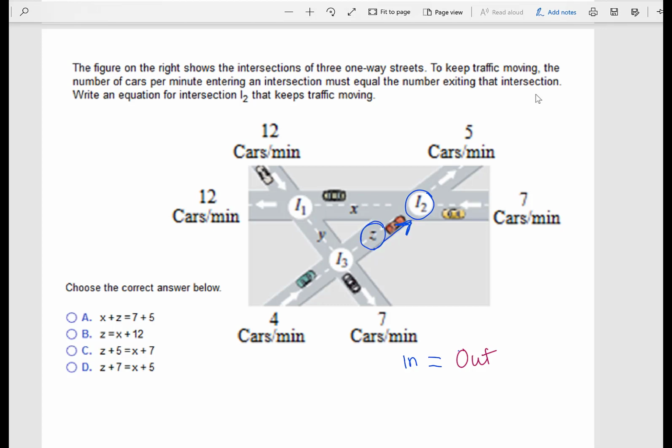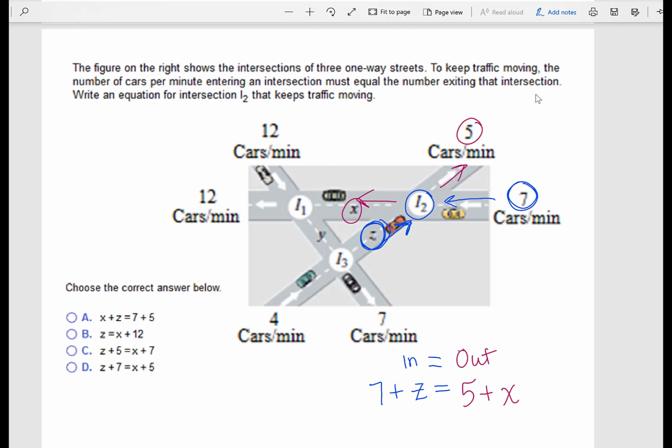They don't give me a numeric value, but they give me a variable representing a value, so z. And then where else do we have cars coming in? We have cars coming in here as well, so 7 cars. So we have 7 plus z coming in per minute, and then going out we have 5 cars per minute, and then also we have x number of cars coming out per minute. So 5 plus x coming out per minute.